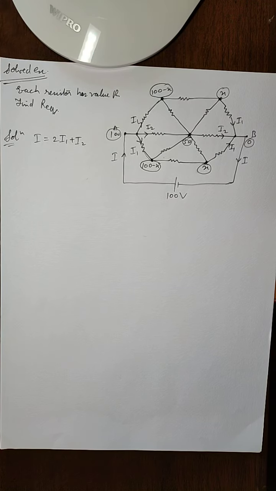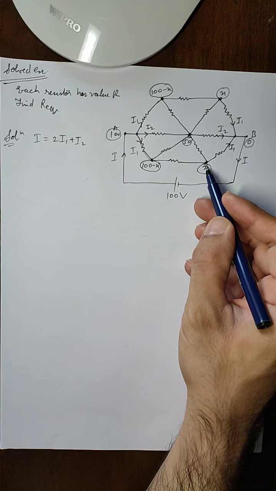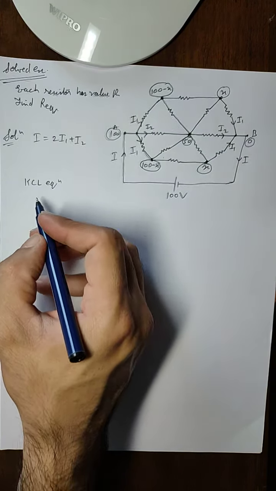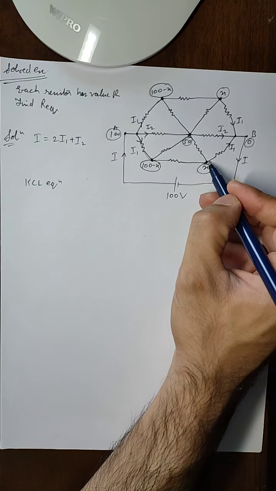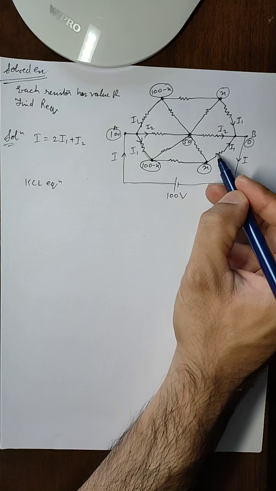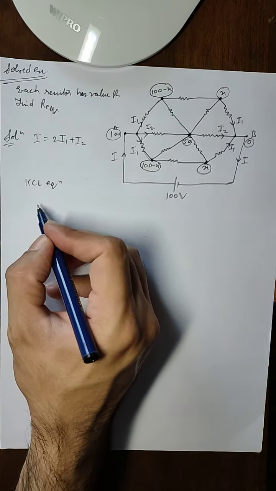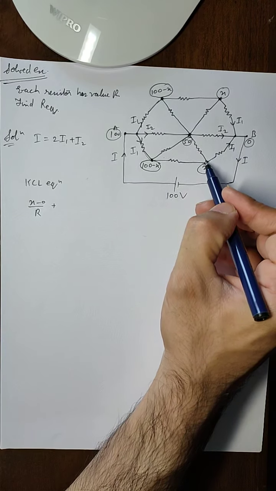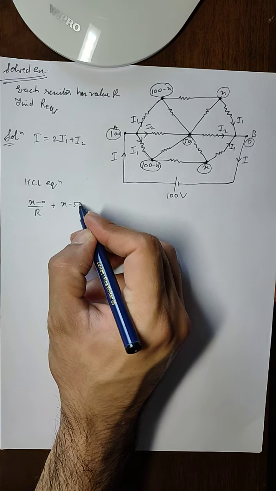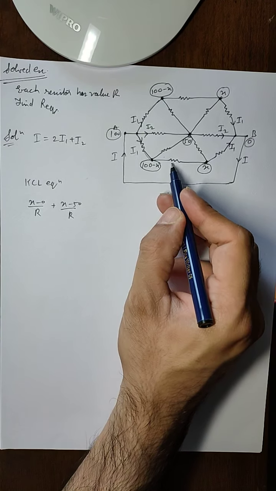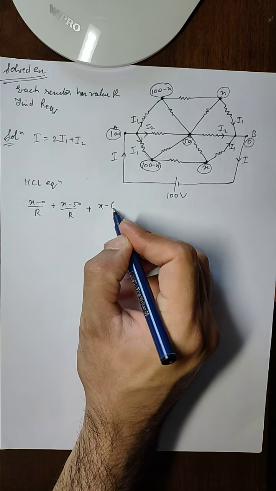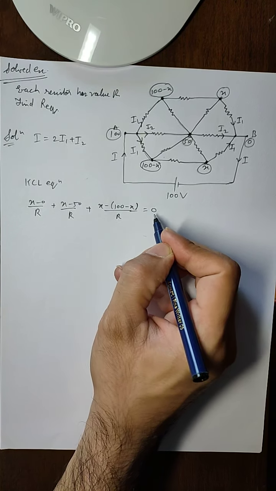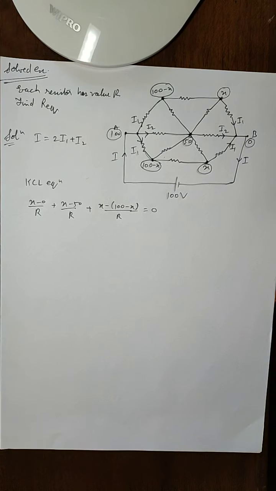Now applying Kirchhoff current law on this X here, the KCL equation will be: the current going outward from this point in this branch will be equal to X minus 0 upon R. Similarly here it will be equal to X minus 50 upon R, and in this branch it will be equal to X minus of 100 minus X upon R, and this sum should be equal to 0.